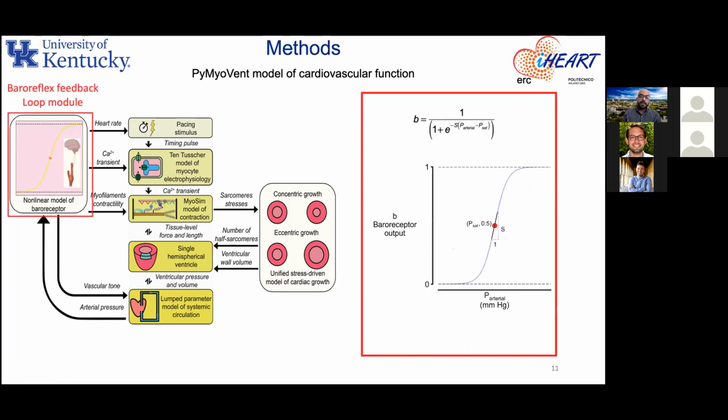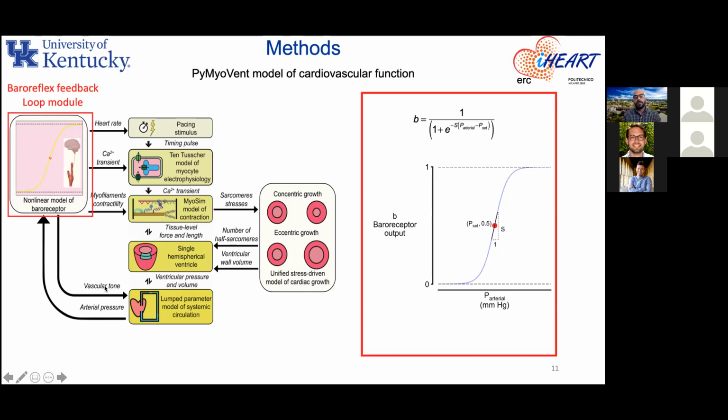In this study, two new modules were added to this framework. First, a baroreflex feedback loop module, which essentially maintains the arterial pressure within a user-defined set point level via continuous regulation of heart rate, calcium transient, myofilament contractility, and vascular tone.